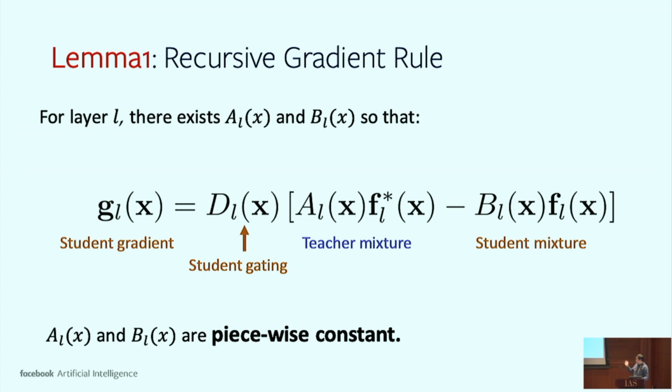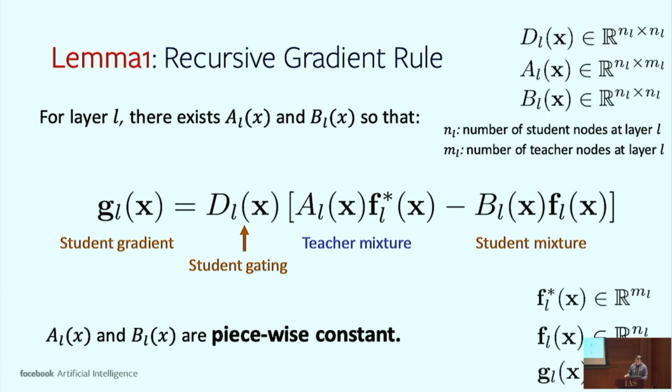This is an interesting observation, and we can use it to show that alignment would happen. Here, A and B are two matrices that are piecewise constant. F star is the activation of the teacher, which never changes over training, and F is the activation of the student at that layer, which will change over training. But this entire relationship holds throughout the training procedure.